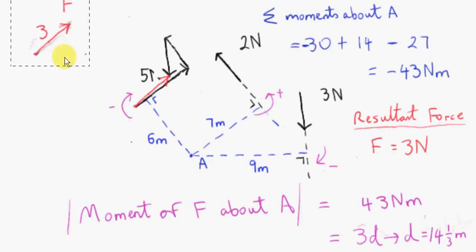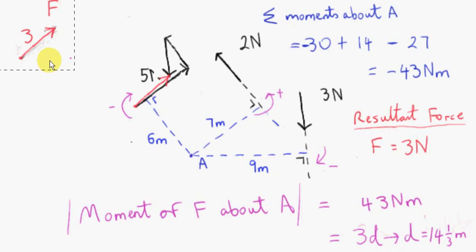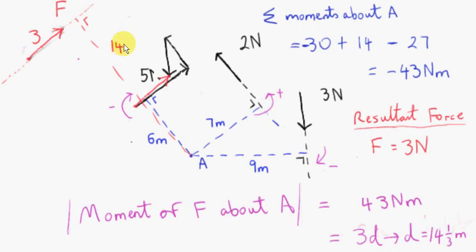So, well, this is only a rough estimate, of course. Let's say it's about there. Okay, so we want the perpendicular distance of A to the line of action to be 14 1/3 meters from the point A. So this dotted line is the line of action of F. The distance is 14 1/3 meters.